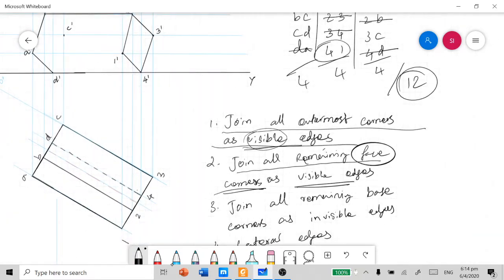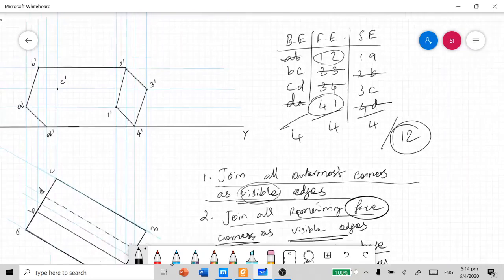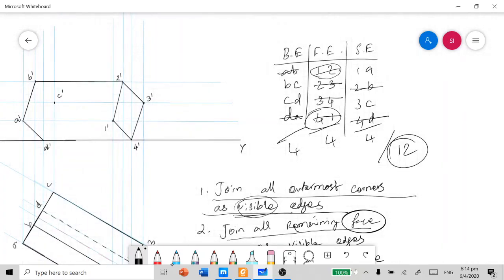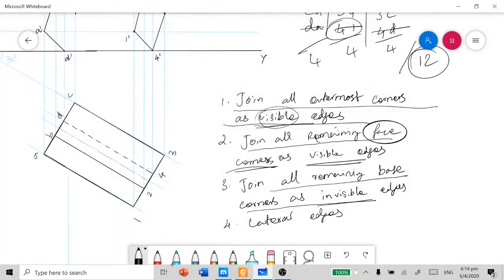And the next rule is we need to join all remaining base corners as invisible edges.